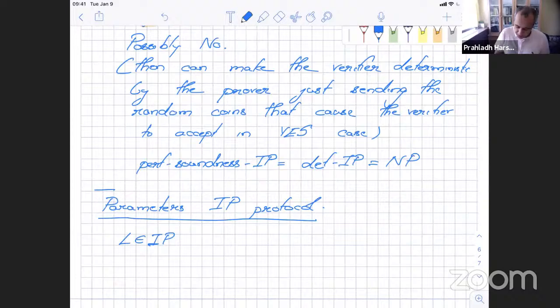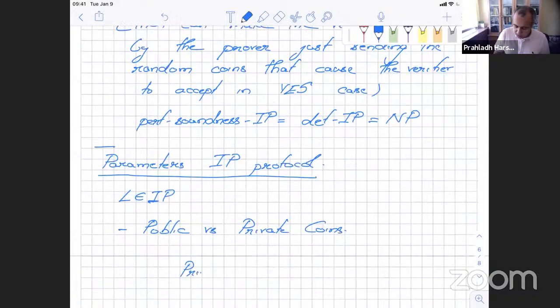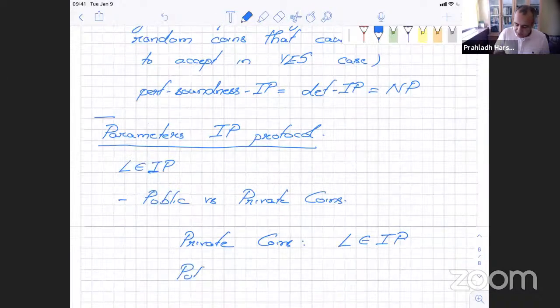Suppose the public versus private coins. Typically, if it's just private coins, we'll say L is in IP. But suppose furthermore you actually had a public coins protocol.